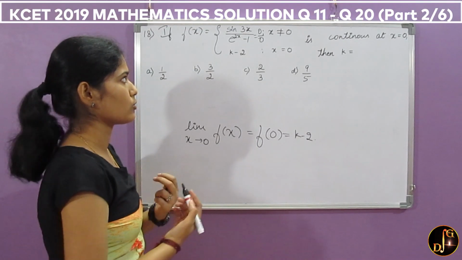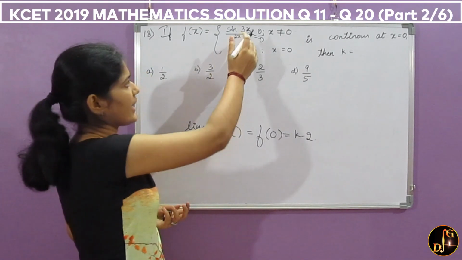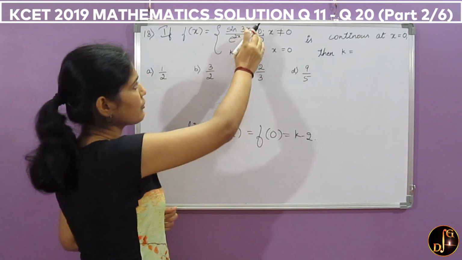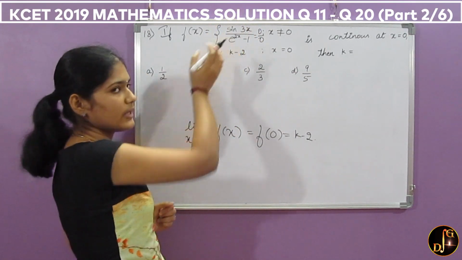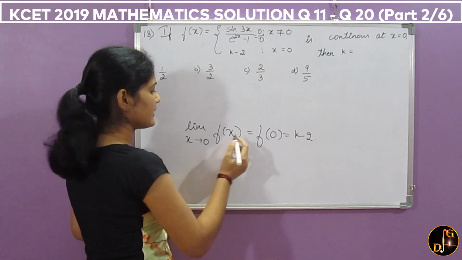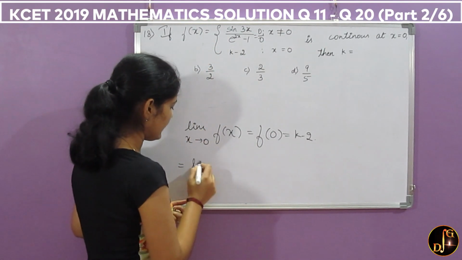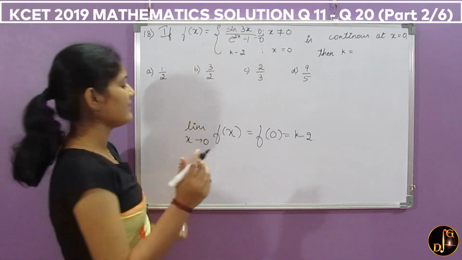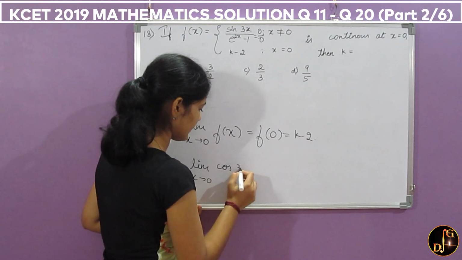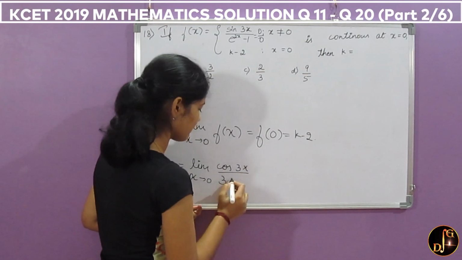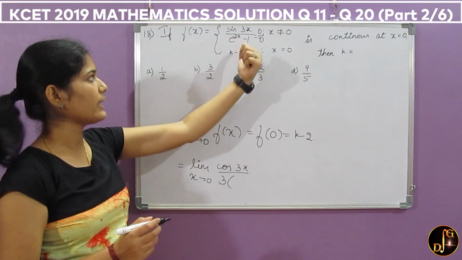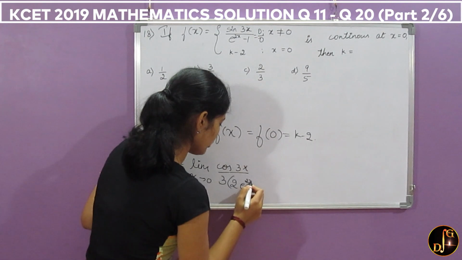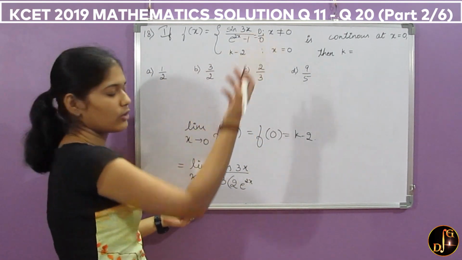What is L'Hopital's rule? That is, if we get this type of indeterminate form, then we have to differentiate the numerator and denominator separately. That means this limit is equal to limit x tends to 0, differentiation of sin 3x is 3 cos 3x divided by, differentiation of e power 2x is 2 into e power 2x, minus 1 is a constant, so we will get 0.